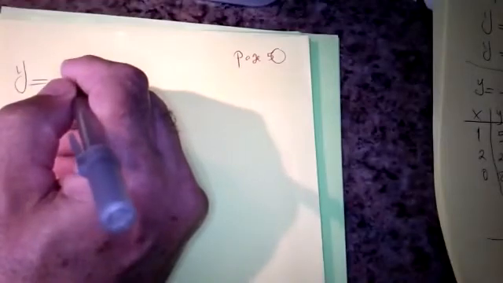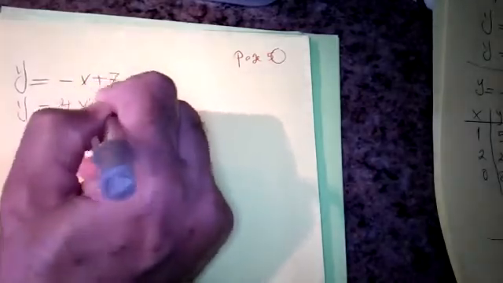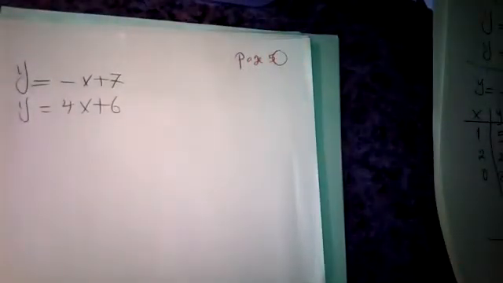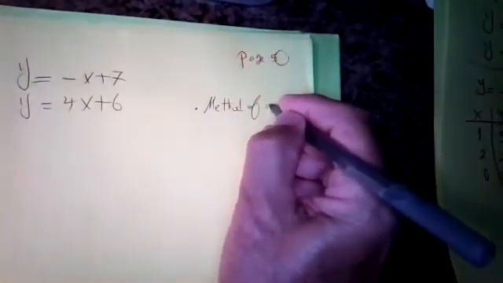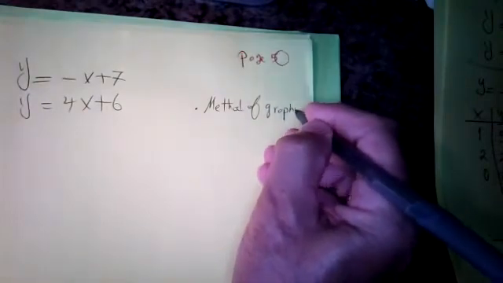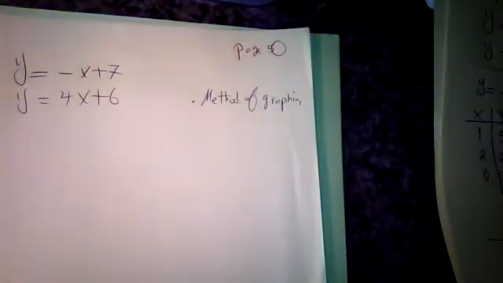Let's say you have this equation: y equal minus x plus 7 and y equal 4x plus 6. There are three methods to do it. One is the method of graphing, which we discussed already. You just graph each equation using the same x and y axis, graphing each line by using 3 points, and then you find the intersection. That's the method of graphing, which we discussed.